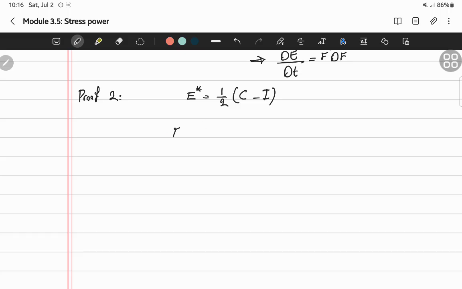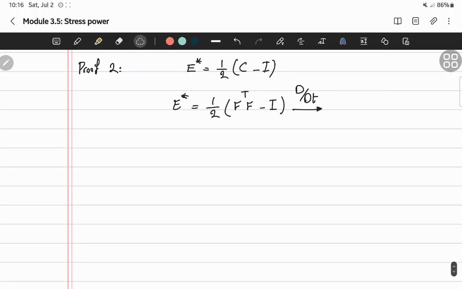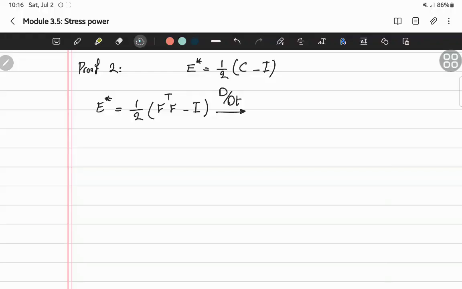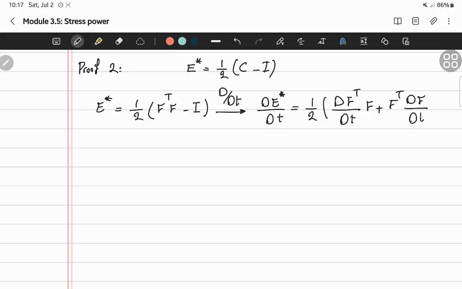So here we can write e star as half of, c was f transpose f, minus I. If I apply the material derivative operator here, d e star dt is equal to half of the derivative of this: d f transpose dt f plus f transpose df dt, and then the derivative of the identity tensor with respect to t, since it is constant, becomes 0.